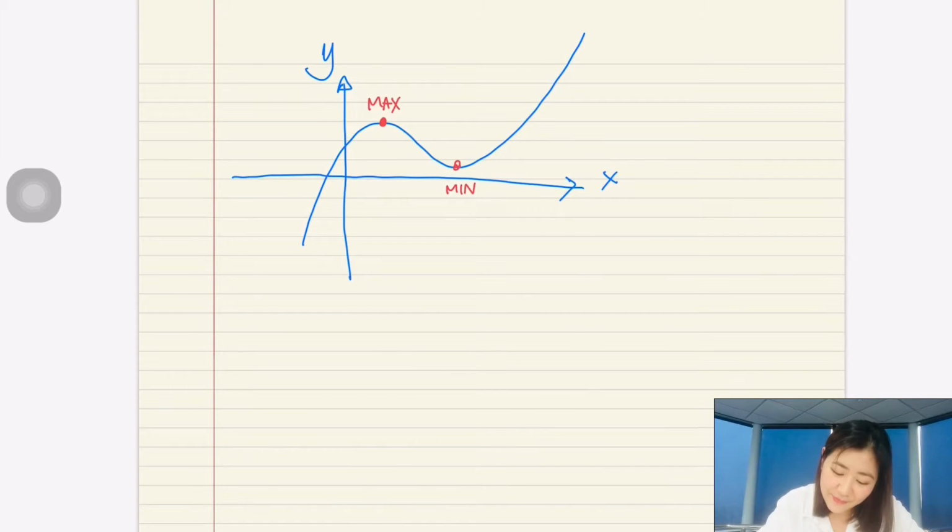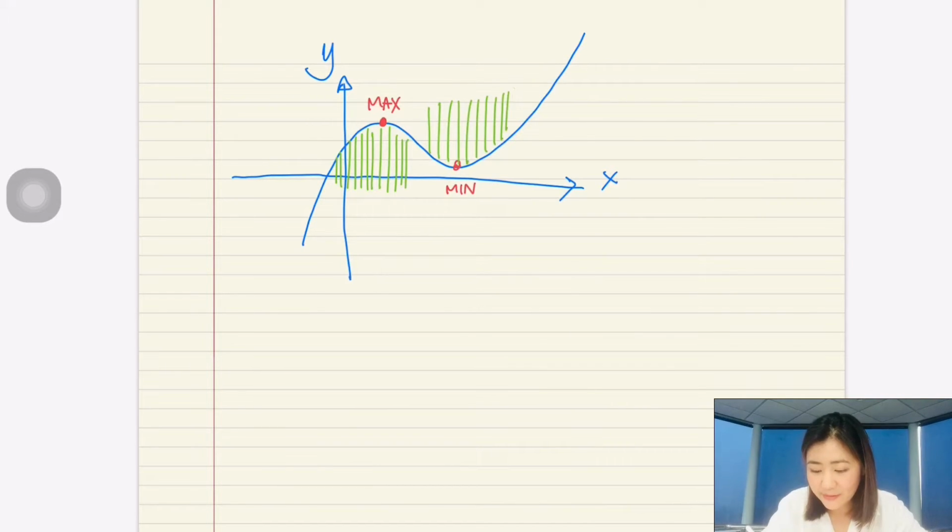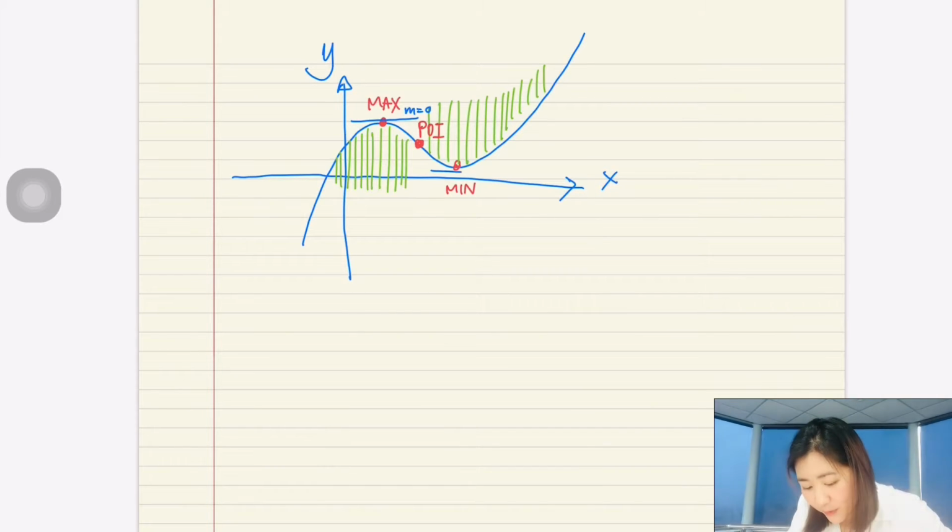So this is negative concavity, or downward, and this is upward, positive concavity. It changed the concavity somewhere here, so this point is the point of inflection. Shall we analyze this another way? At the maximum point, the gradient m equals 0, and at the minimum point, m is also 0.